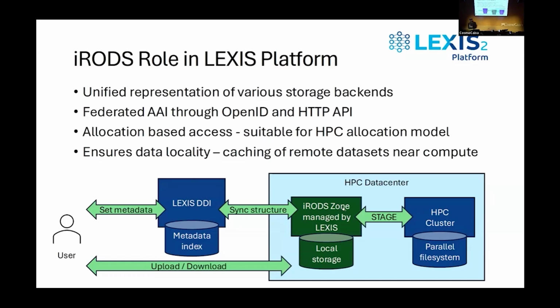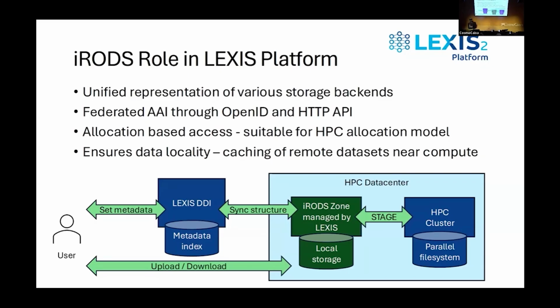We enforce the structuring of the zone collections by some synchronization script we have, and the structure corresponds to some virtual LEXIS project we have, and the individual allocations which are associated with a particular LEXIS project. So iRODS here efficiently provides us a very nice way to represent completely different storage backends, maybe some locally mounted POSIX, all flash, HDDs, S3, whatever.